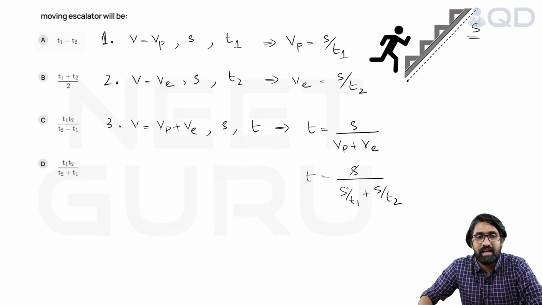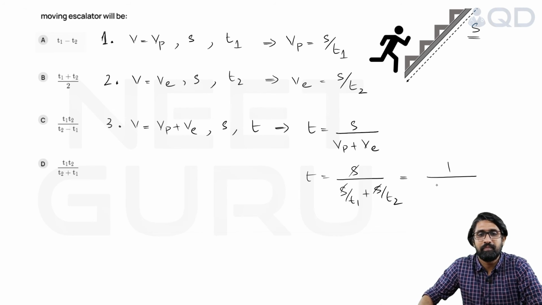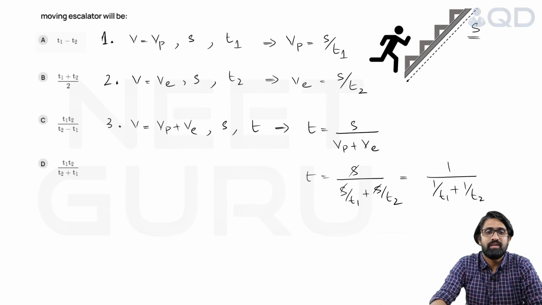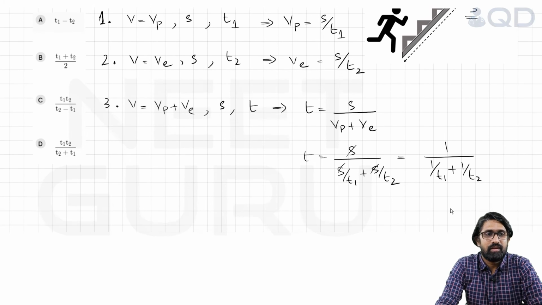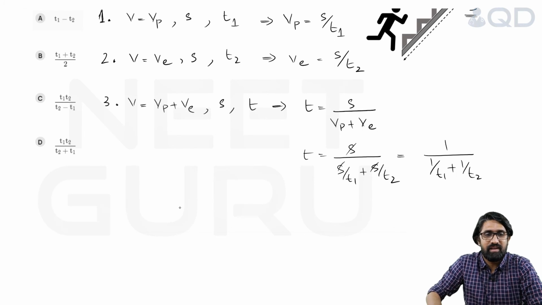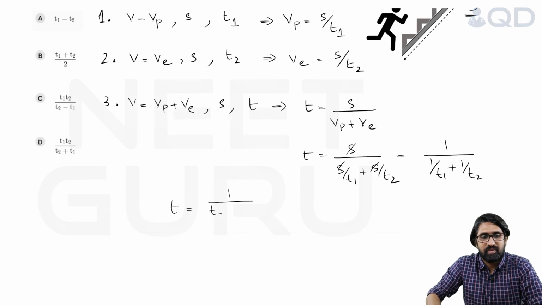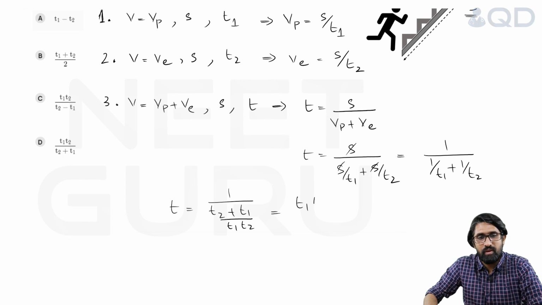Now, we can strike off s from all the terms, so what we'll have finally is 1 by t1 plus 1 by t2. If we add up those fractions, finally we'll have t is equal to 1 divided by (t2 plus t1) by t1 t2, that is equal to t1 t2 divided by t1 plus t2.